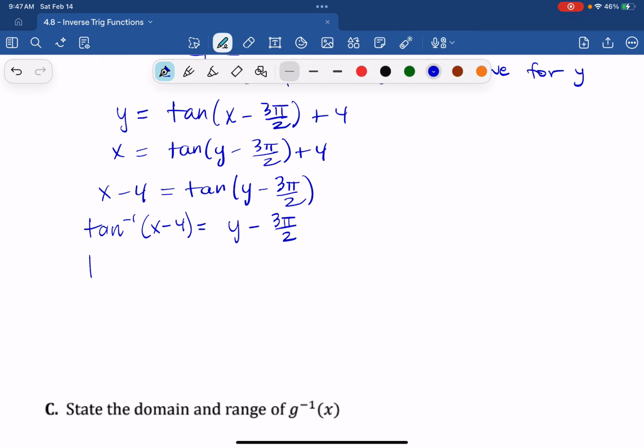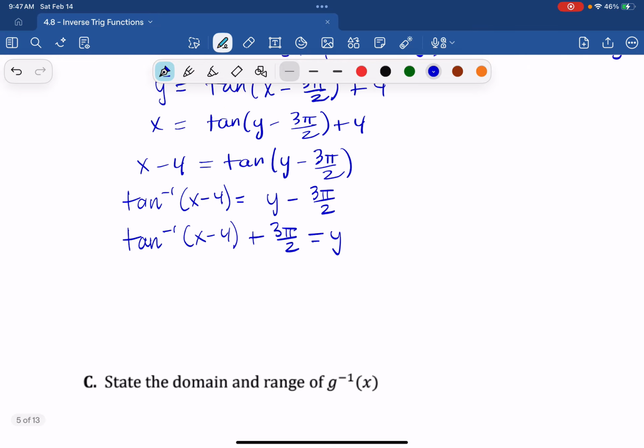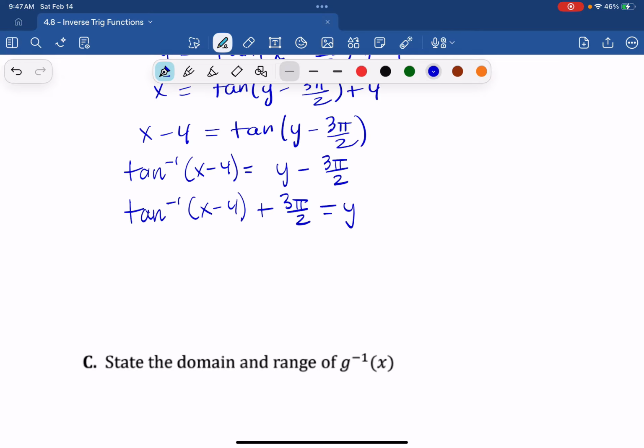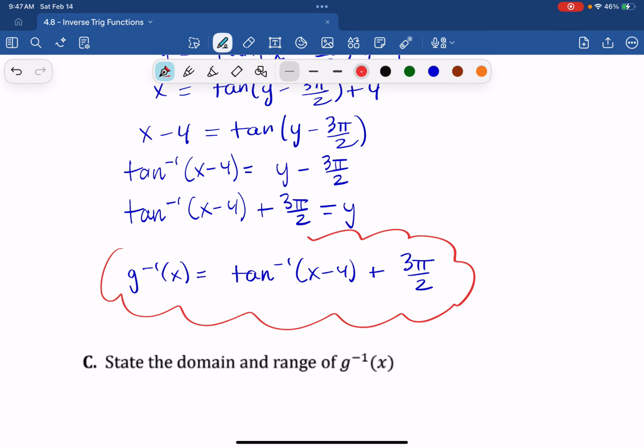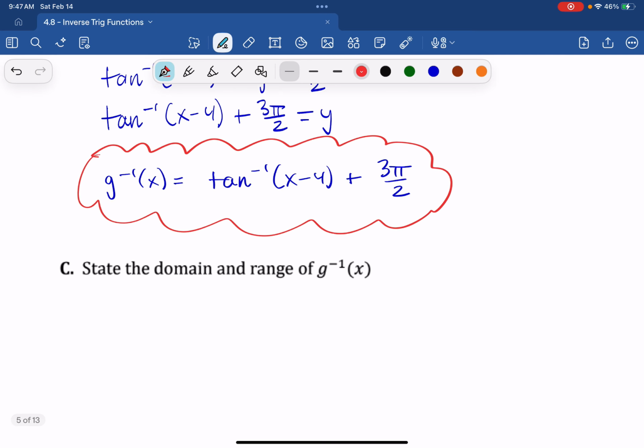So I have tangent inverse of x minus 4 plus 3 pi over 2 equals y. And just for good measure, let's just go ahead and rewrite y as g inverse. So g inverse of x equals the tangent inverse of x minus 4 plus 3 pi over 2. So that is my inverse function.